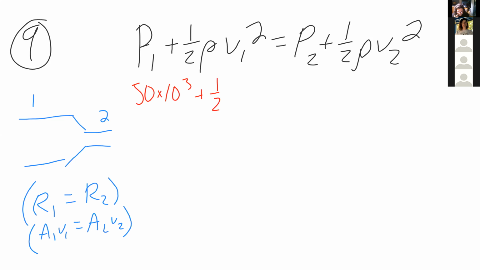My rho will be the density of my fluid, which is... I don't have a density. I remember where I'm going here. My answer will ultimately be in terms of the density, but that's fine.